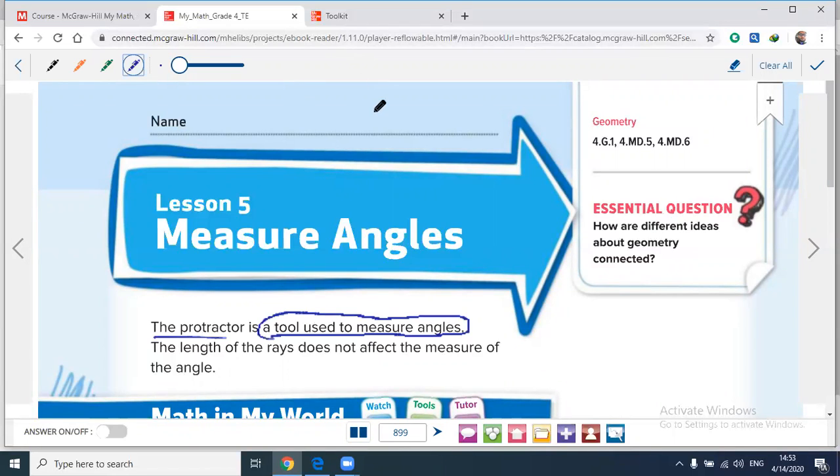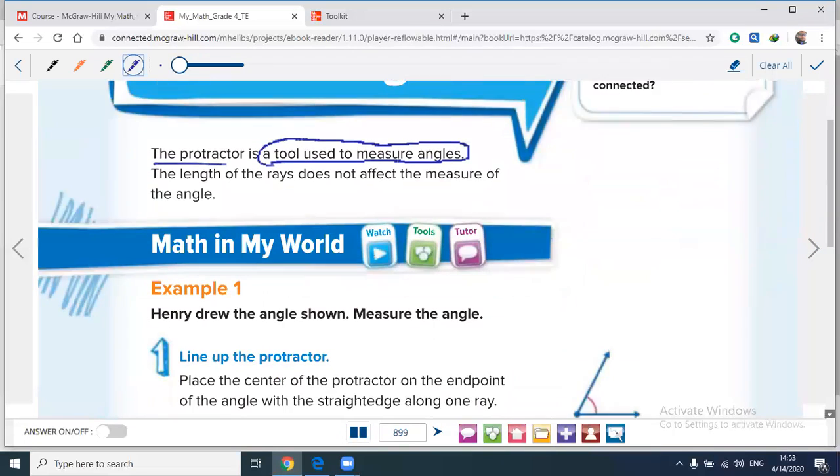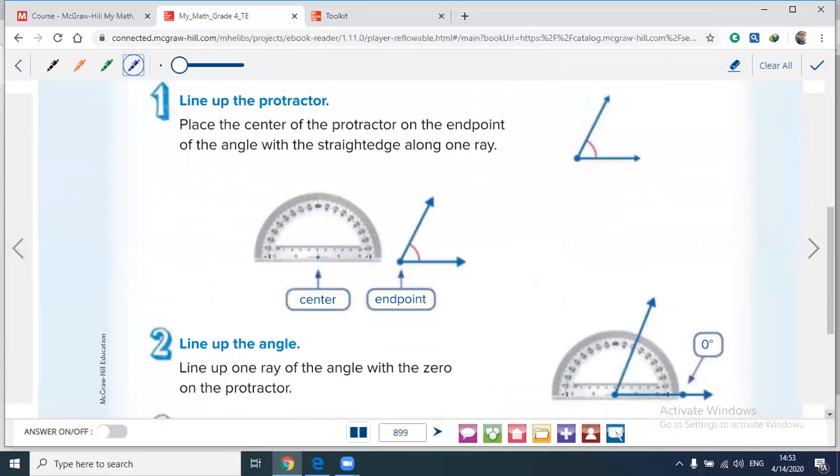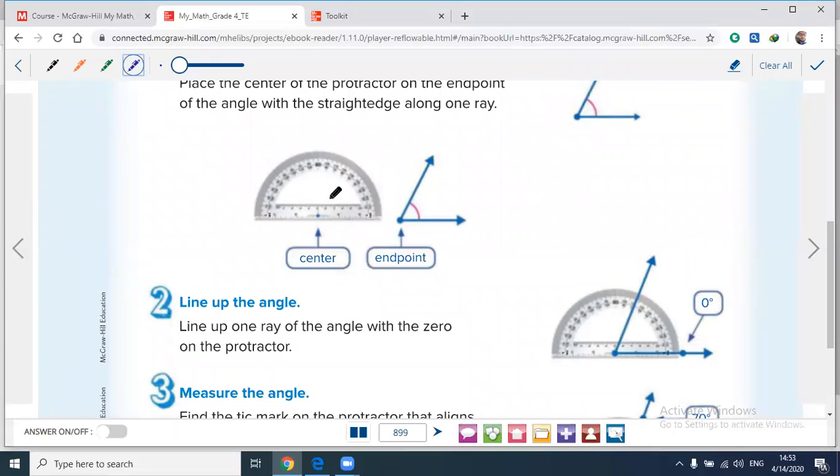Okay, this is a protractor, like this. As we see here, this is called a protractor, and this is an angle. As we know, the angle has two sides, or two rays, with the same end point called the vertex.